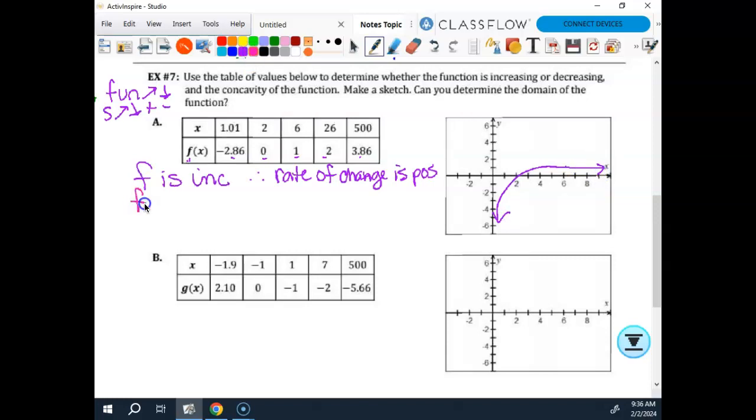So then I can say f is concave down. Therefore, the rate of change is what? If I'm concave down, rate of change is decreasing. Okay? Straight from that chart.